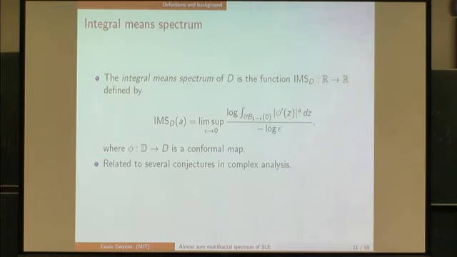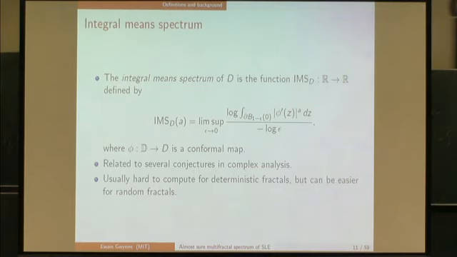And the integral mean spectrum is of interest because it's related to several conjectures in complex analysis regarding the growth rates of coefficients of conformal maps and the boundary behavior of conformal maps and so forth. However, it's usually very hard to compute the integral mean spectrum for deterministic domains.